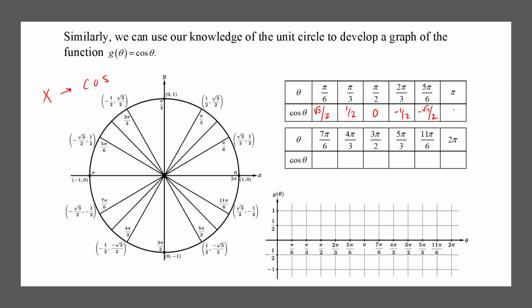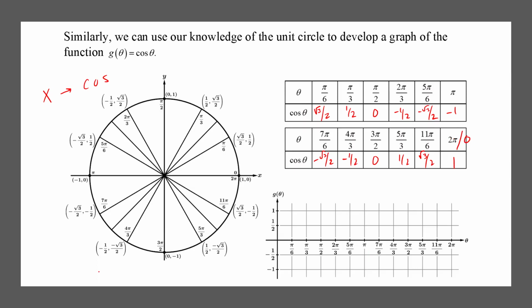Cosine at pi, cosine at 7 pi over 6, cosine at 4 pi over 3, cosine at 3 pi over 2, cosine at 5 pi over 3, cosine at 11 pi over 6, and cosine at 0 and 2 pi.